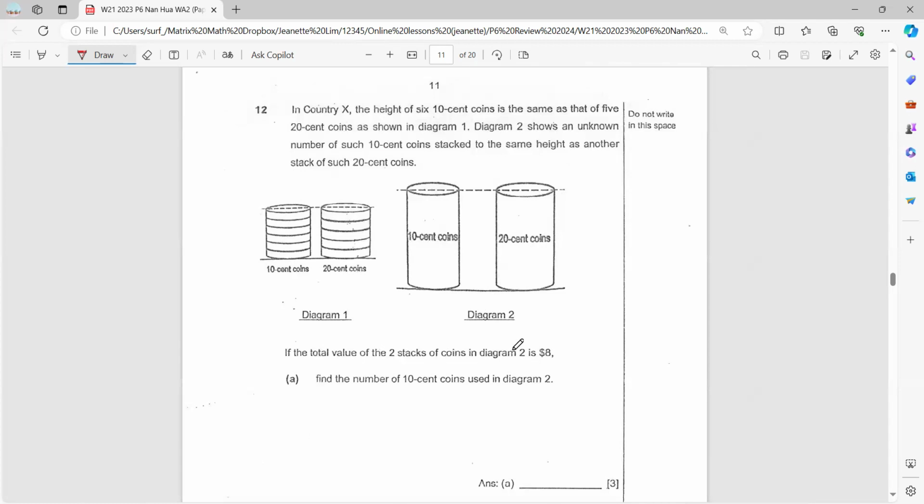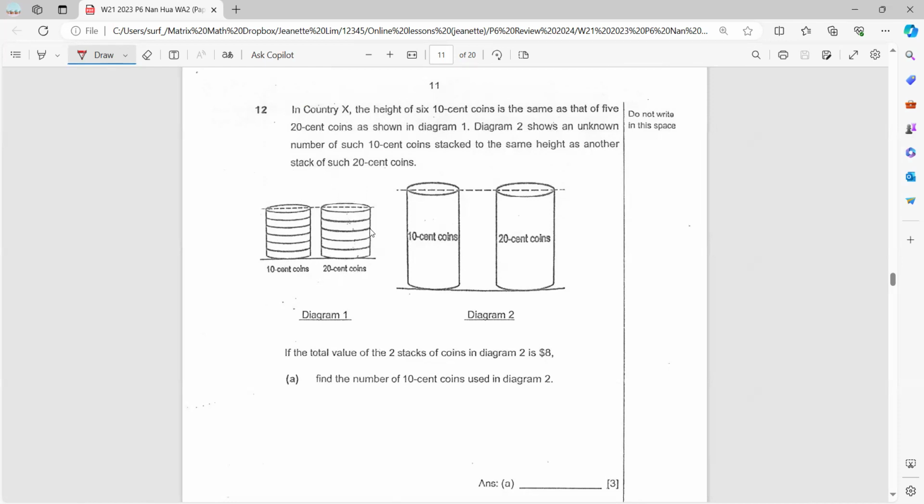So what should we be doing instead? The quantity is not the same, but the height of the stacks are the same. So in order for the height of the stacks to be the same, we look at this diagram 1. Every 6 of this is the same height as 5 of this, right? So I'm going to do grouping.